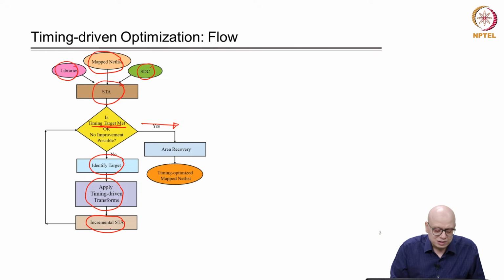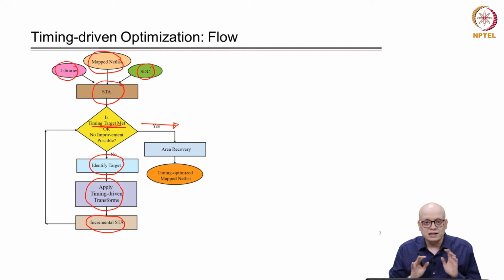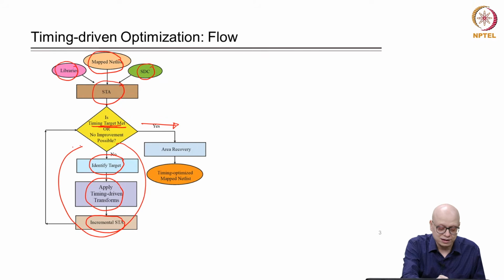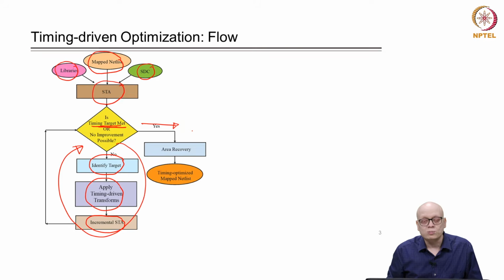After we have done the incremental timing analysis, we check whether the timing target is met. Because of applying the transformations, the timing might have improved and now we are meeting the target. If it is meeting the target, then we exit that loop of timing optimization. This is the loop of timing optimization. We exit the loop if the timing target is met, or if no further improvement is possible.